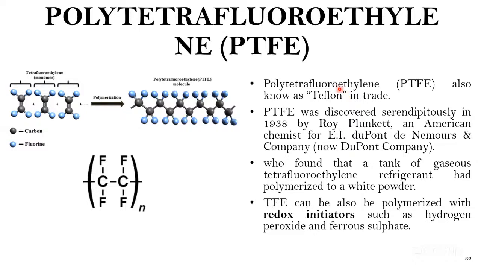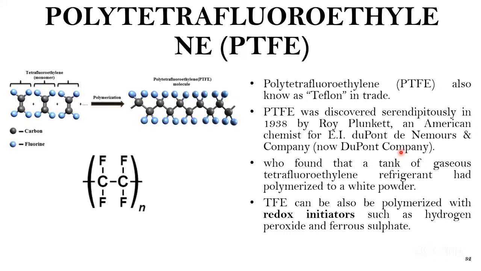So this PTFE was discovered in 1938 by Roy Plunkett, an American chemist, who was working under DuPont. Right now, this company's name is DuPont Company. For your information, actually, DuPont has been taken over by Celanese.